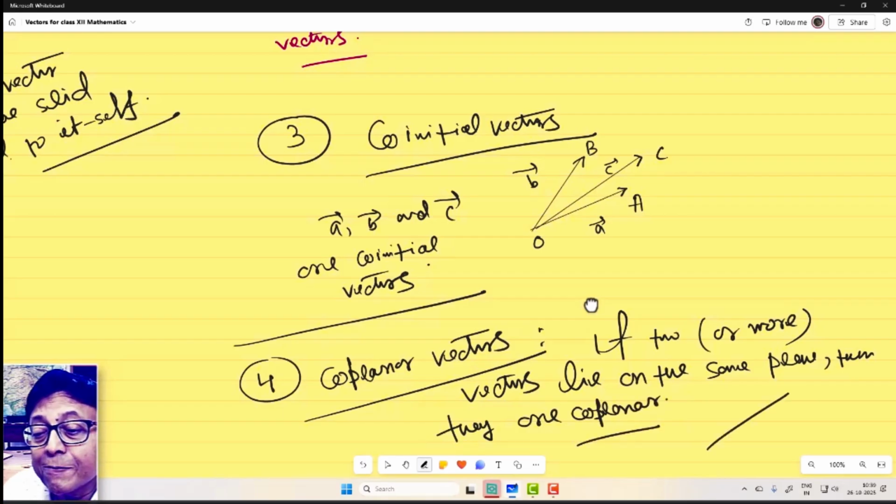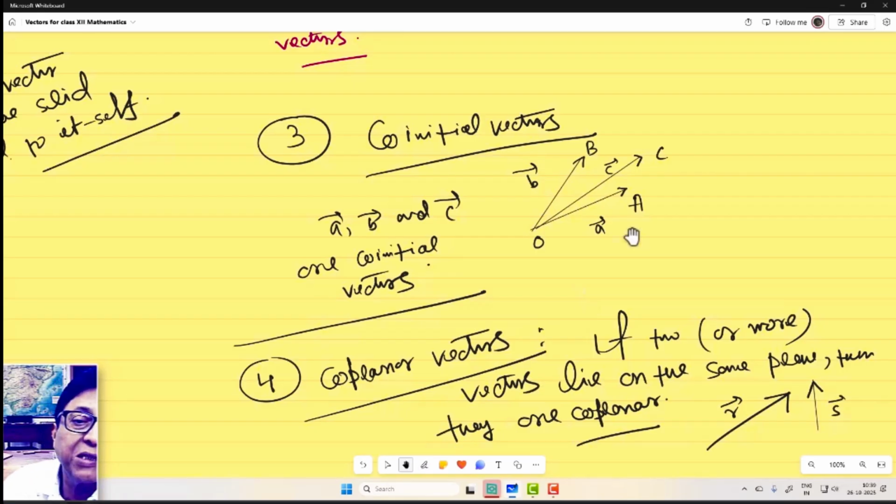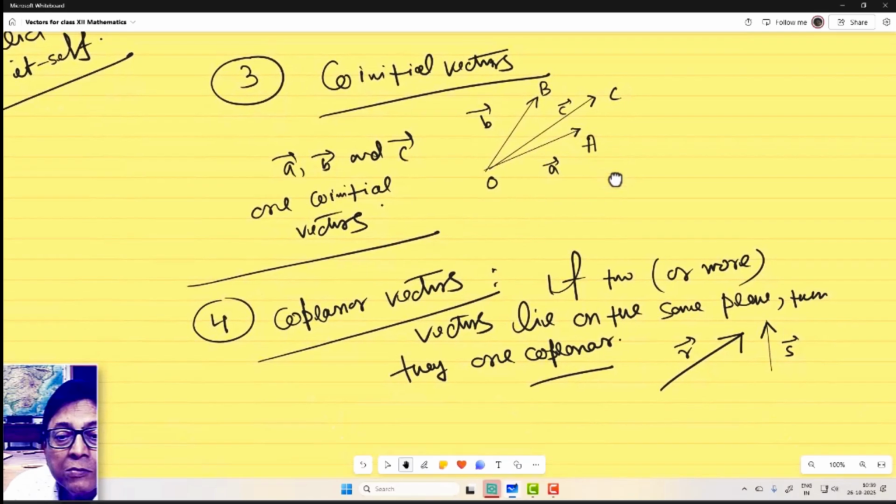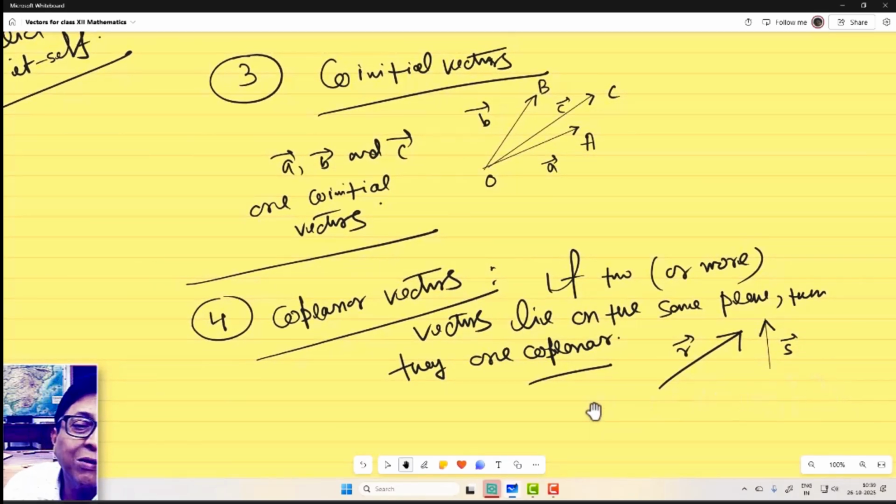So in this plane of paper, these two vectors are coplanar. Suppose this one is vector R and this is vector S, they lie on the plane of this paper or board, so they are coplanar vectors.